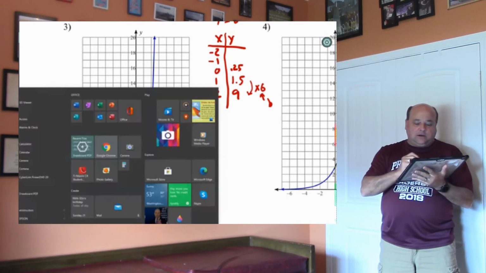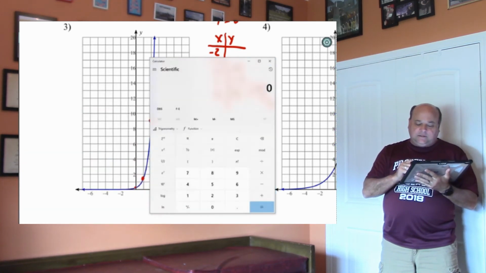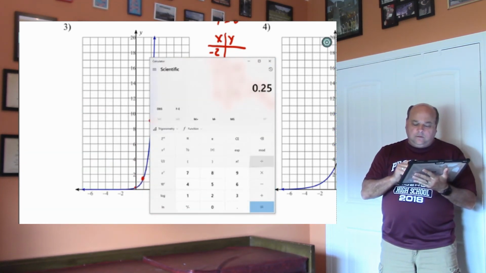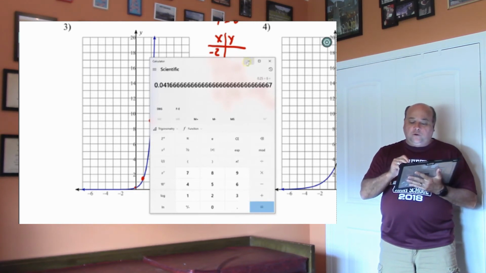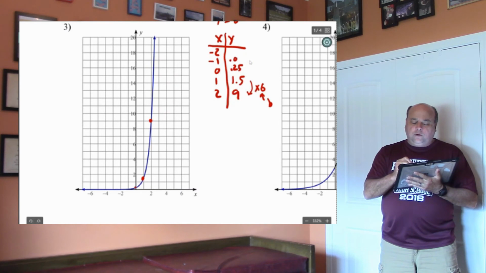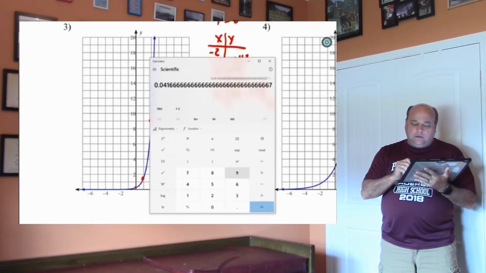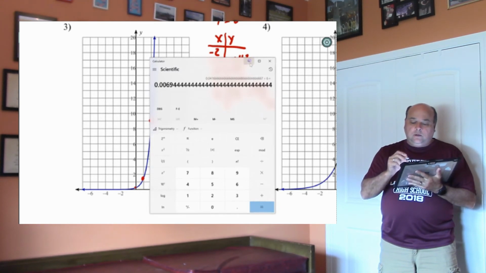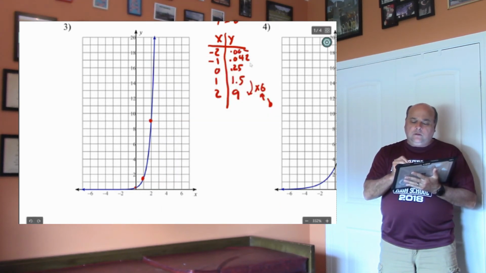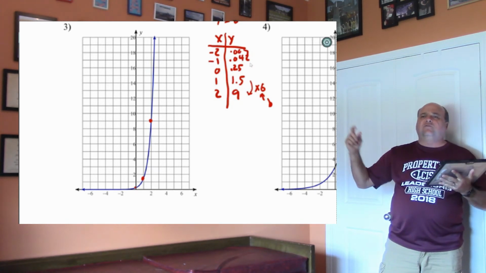I'm just going to use the calculator. 0.25 divided by 6 is 0.042. And then divide that by 6 again. And this gets really tricky because 0.007. Notice these are getting real small and you're going to have to round them because the fractions are so big here, okay?